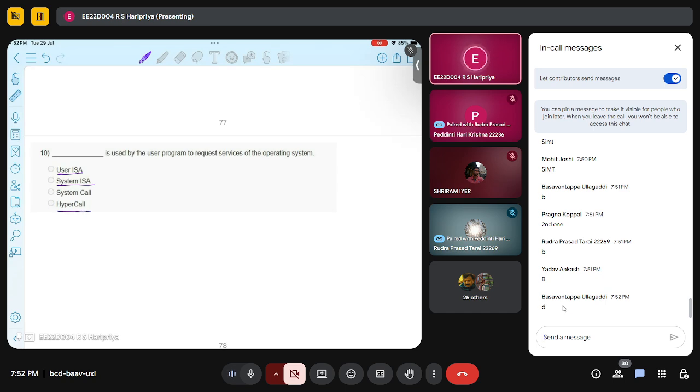Next, hypercall is used by the guest OS to request service from the hypervisor in the virtualized environment. And what is system call? It is the mechanism used by the user program to request services from the OS, say any file operation, any IO, etc. So it acts as an interface between the user application and the OS. So the correct answer is system call.